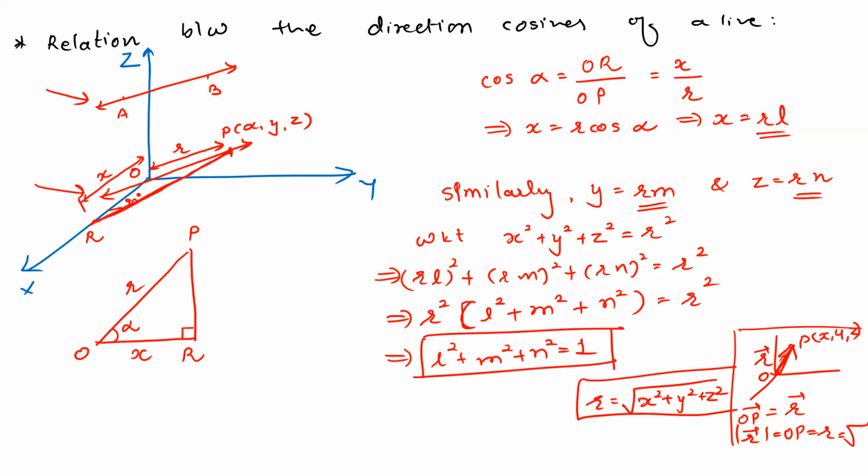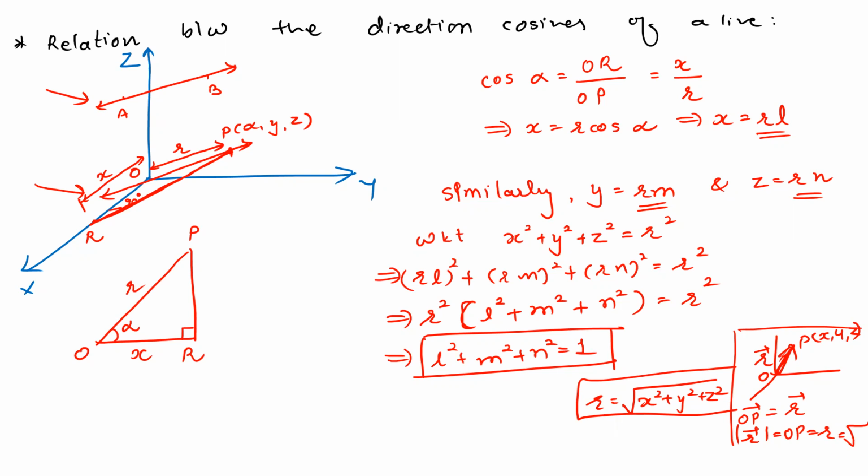We had some line AB, but this line AB could not make alpha, beta, and gamma with the x-axis because it is not passing through origin O. So we took one more line parallel to AB. Then we assume alpha, beta, gamma are the three angles made with the x, y, and z axes, and P is the point having coordinates x, y, z.